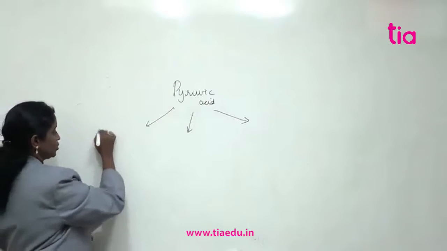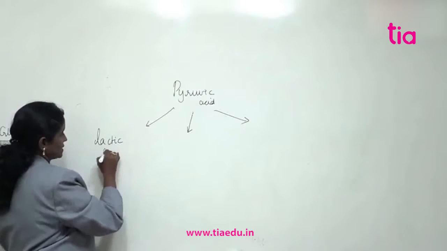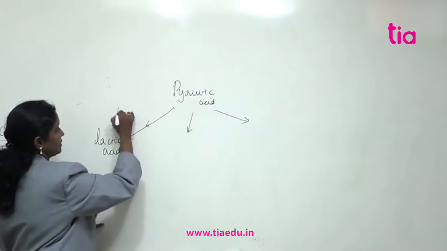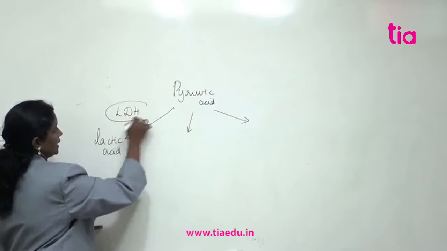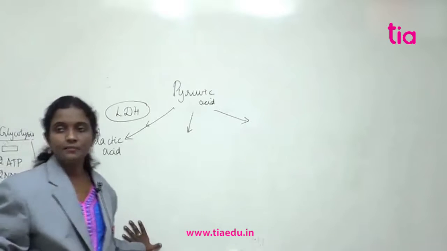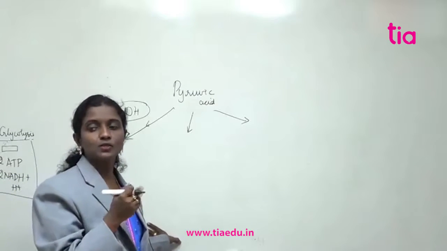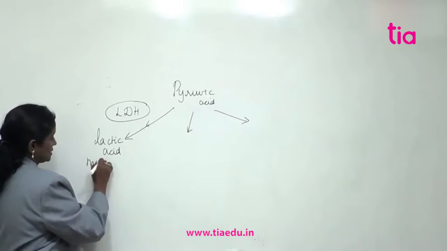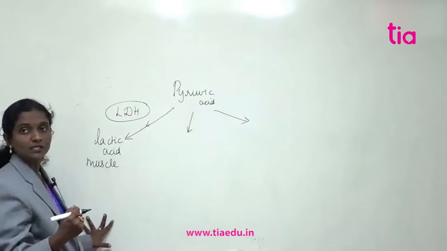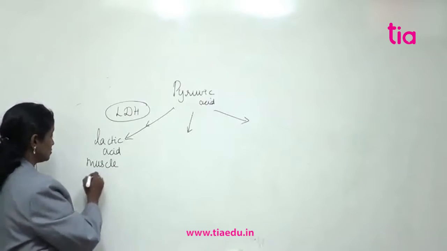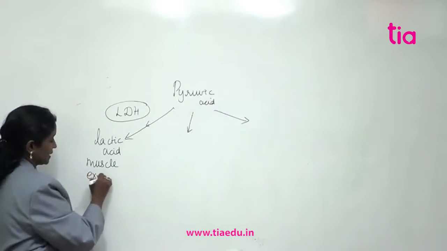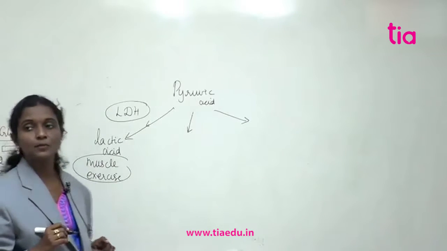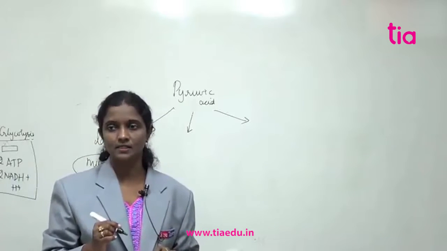It can get converted to lactic acid by the enzyme lactate dehydrogenase. Lactate dehydrogenase can come and convert the pyruvic acid to lactic acid. This happens in muscles during exercise, and that is the reason for muscular cramps. In the muscle during heavy exercise, this leads to the production of lactic acid. So the pyruvic acid will be diverted to make lactic acid in muscles.